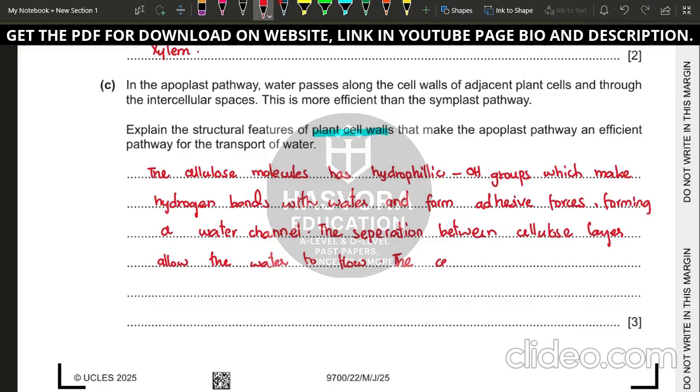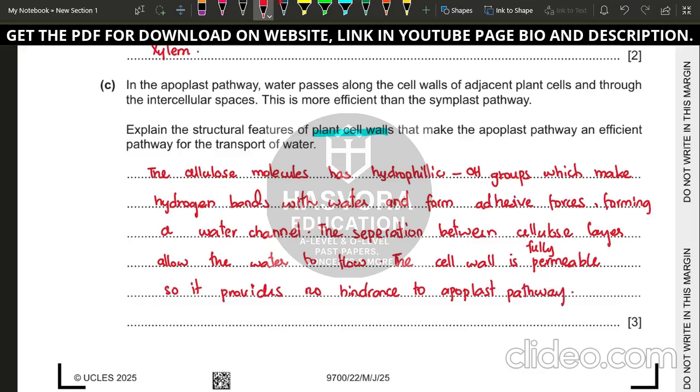So the cell wall is permeable, fully permeable, so it provides no hindrance or obstruction to the apoplast pathway. Okay, so this will be your answer for 3 marks.